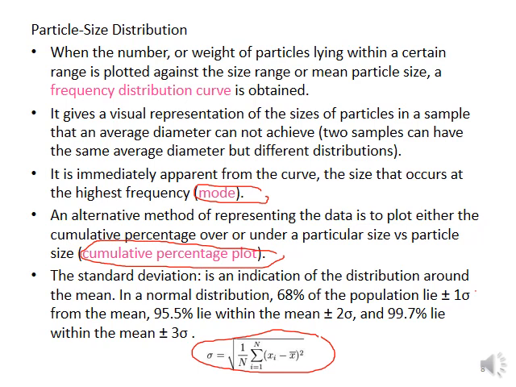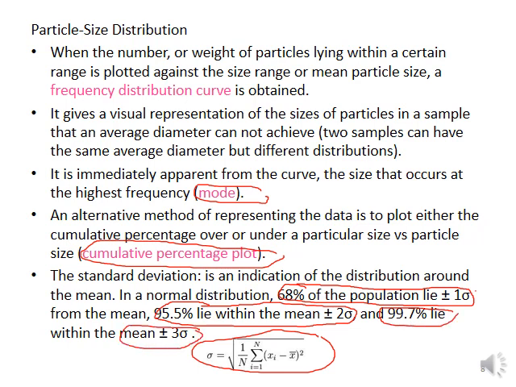For normal distribution, 68% of the population lie within plus or minus 1 standard deviation of the mean, 95% lie within the mean plus or minus 2 standard deviations, and 99.7% of the population lie within plus or minus 3 standard deviations.